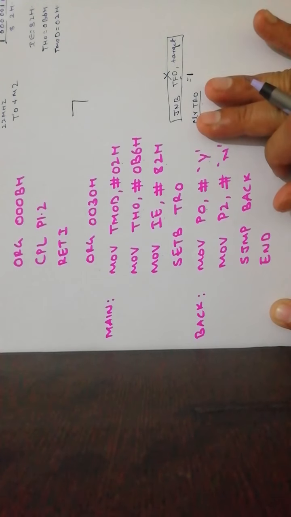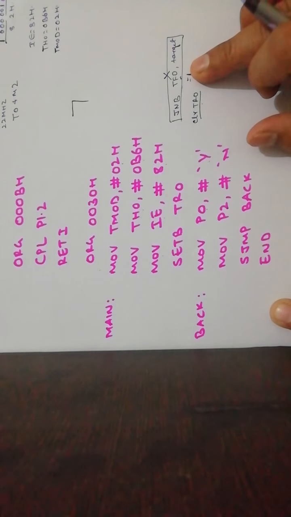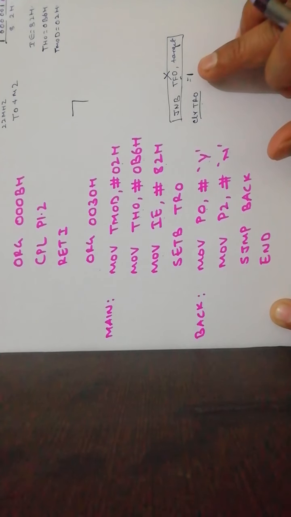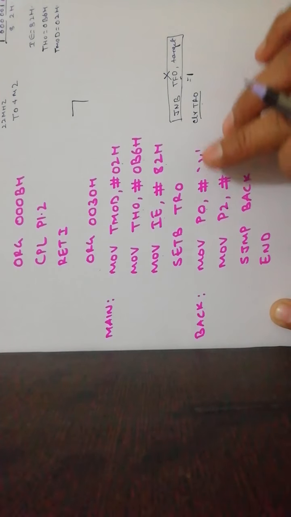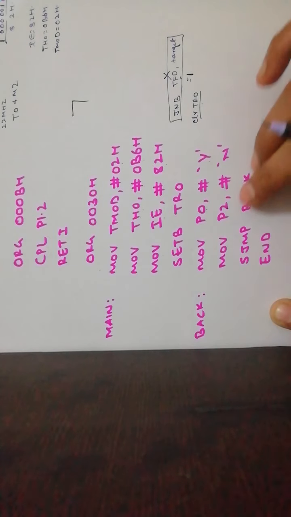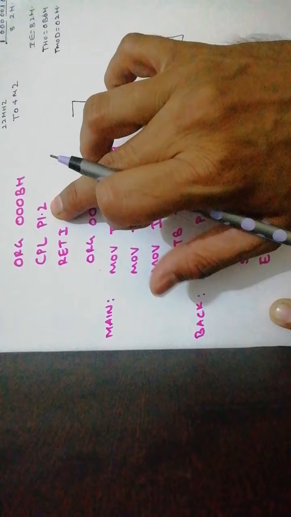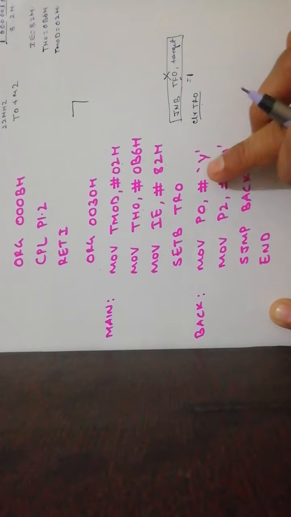Here there is no stopping the timer. Once it starts the timer, it will keep on checking whether this TF0 flag is set. Meanwhile I'll be displaying this. Once this is set high, it will go back to this interrupt and execute this interrupt service routine, RETI, it will come back here. Again it will keep on displaying it.